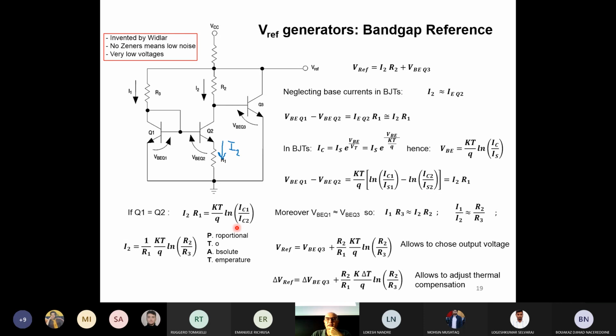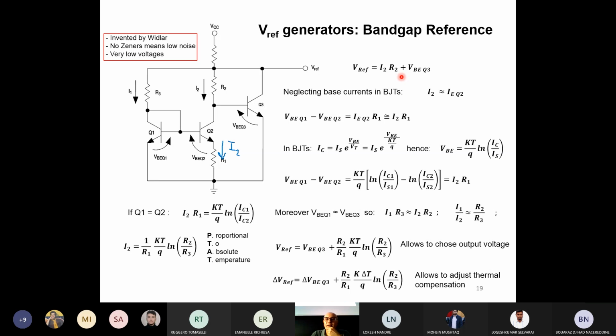So what I get at the end, I just reversed this expression, is I2 R1 equals KT over Q times the natural logarithm of IC1 over IC2. And that's it. So if I know IC1 and IC2, I can determine how much I2 is and put it here.